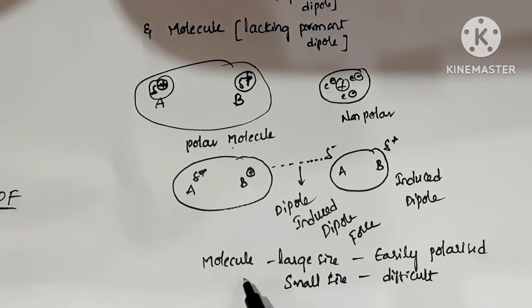Why? Because if a molecule has large size, then the electron cloud of the molecule is easily distorted, then it becomes polar. So a molecule having larger size is easily polarized and small size is difficult to polarize. Is it clear?